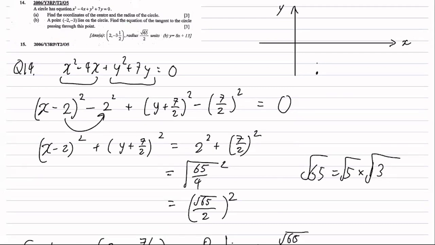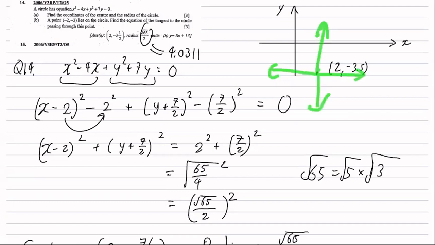Let me calculate square root 65 over 2 first. Square root 65 over 2 is approximately 4.0311. So that means my diagram here, if I pass through 2 comma negative 3.5, my radius 4. So it should be something along the lines of this circle. Does it make sense?